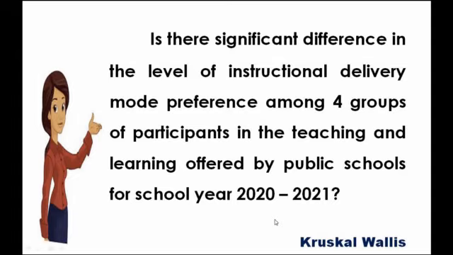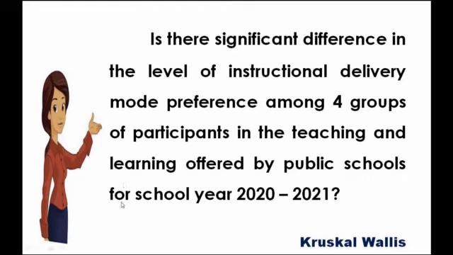Okay. Example, is there a significant difference in the level of instructional delivery mode preference among 4 groups of participants in teaching and learning offered by public schools for school year 2020 to 2021? Now, in this case, we are looking on the level of instructional delivery preference among 4 groups of participants.